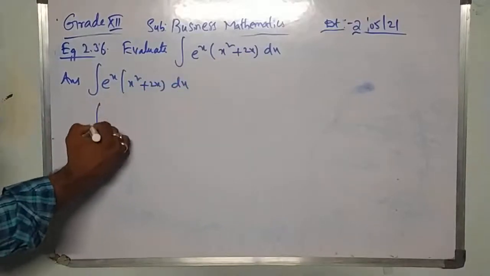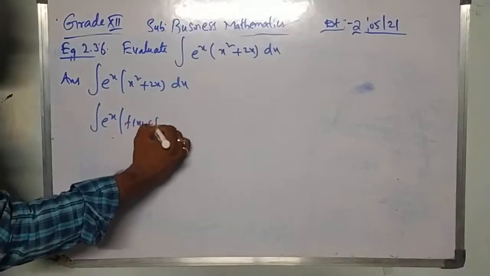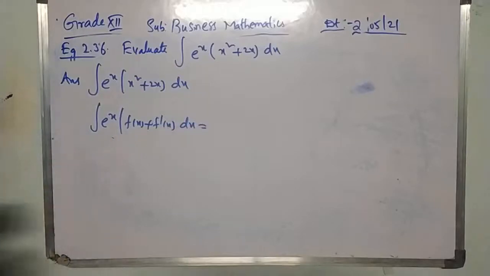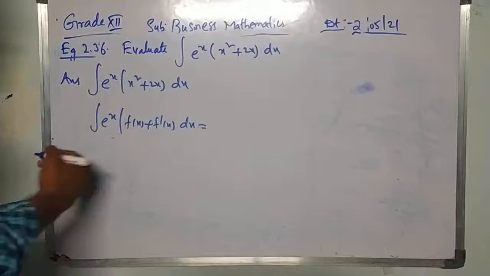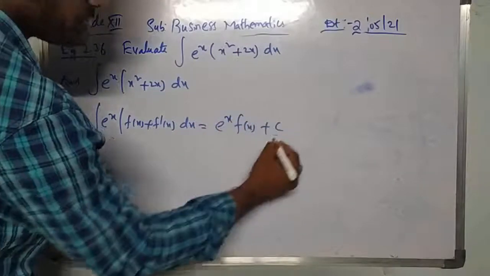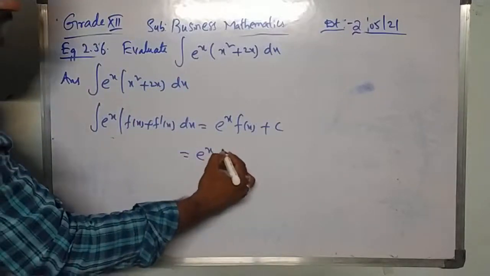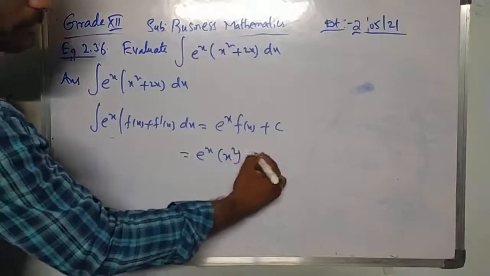So the answer: it is in the form of integral e power x into f of x plus f dash of x dx. If you see, this is the f of x function, and the derivative of x square is 2x. So in this case, the answer is e power x into f of x plus c. So the final answer we can write as e power x into x square plus c, where f of x here is x square.